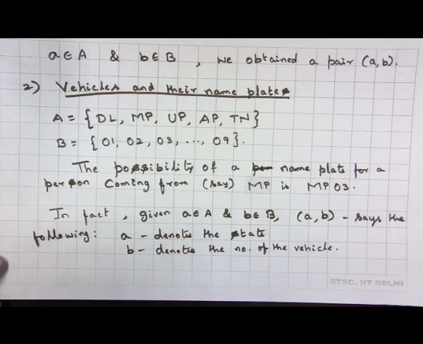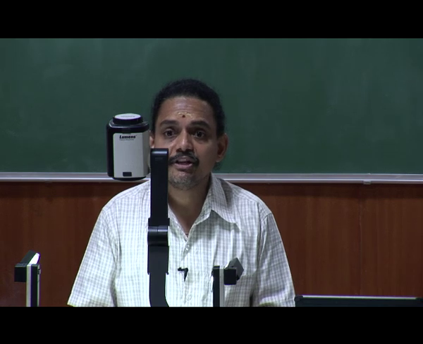So, in the last 2 examples, we saw that there are situations which give rise to pairs a comma b.